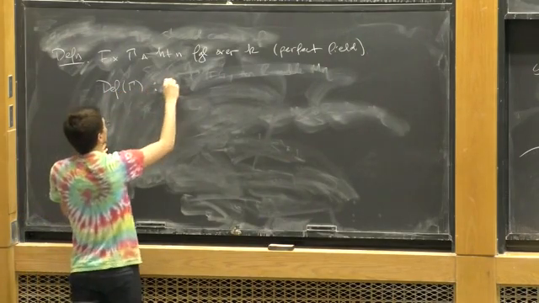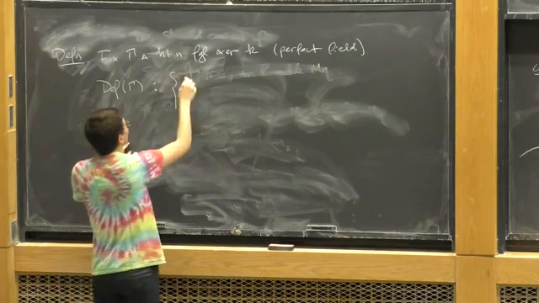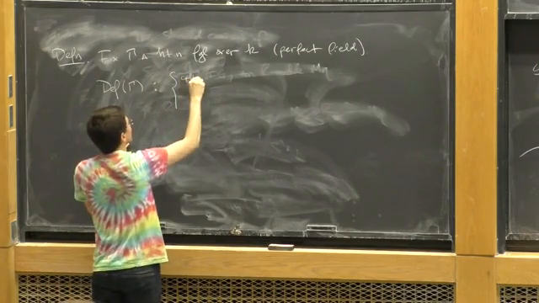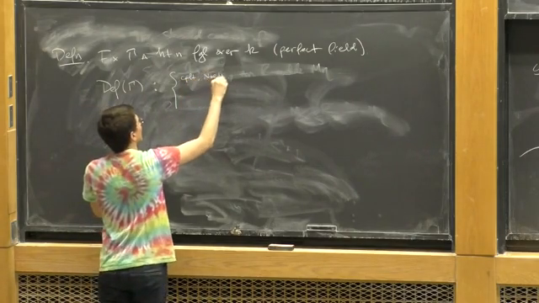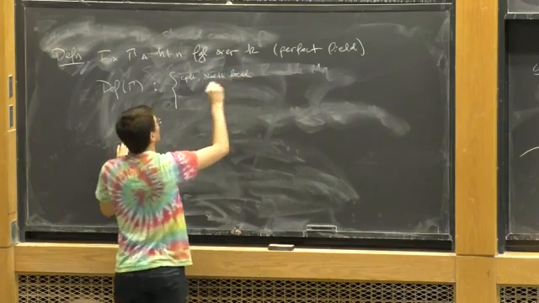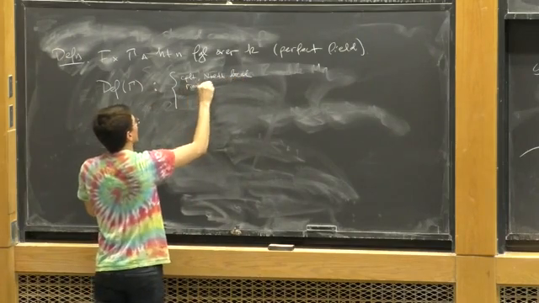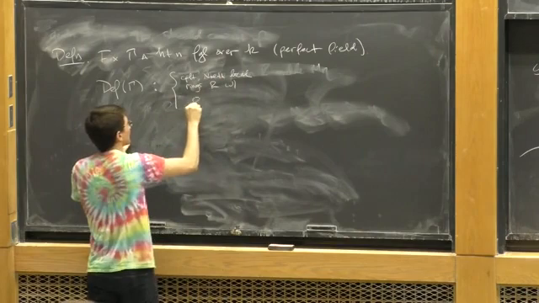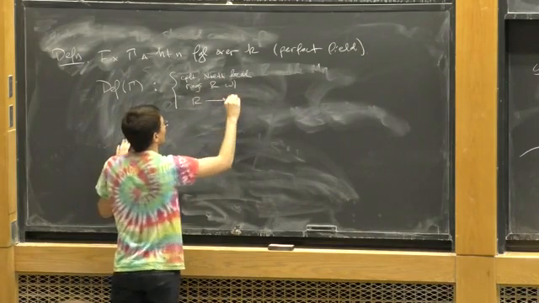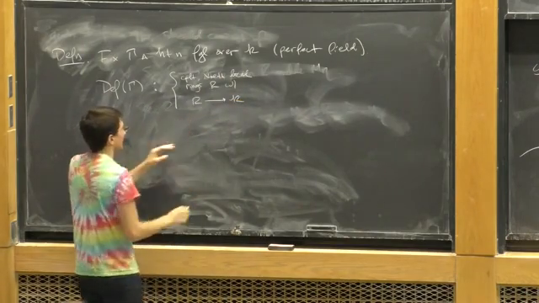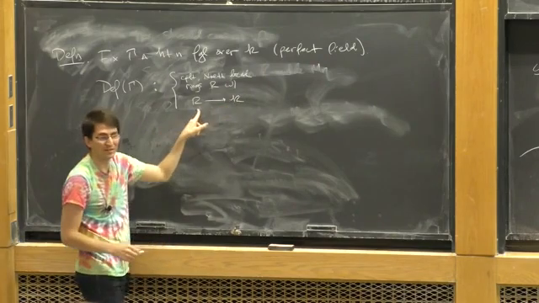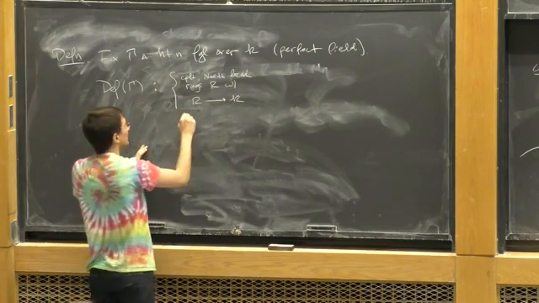It's going to be a functor from the category of complete Noetherian local rings R equipped with a map from R to K. That's on Spec, picking out a point that I want to be the neighborhood of.